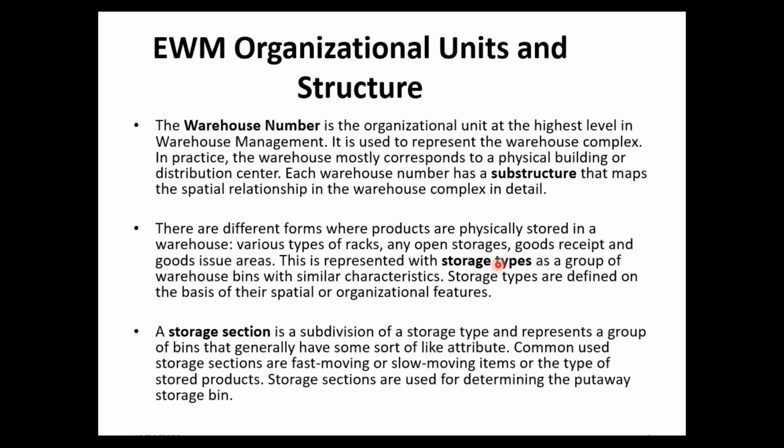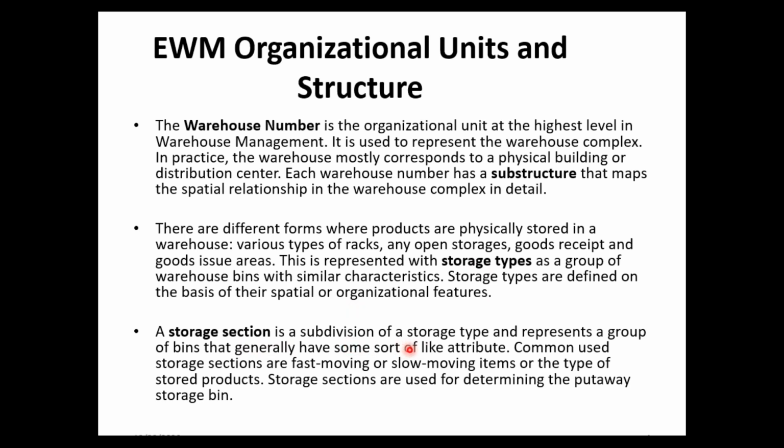So storage type is the subdivision of your warehouse number. From higher to lower level, you subdivide into storage types. If there are multiple buildings, you use a storage type for each building. Then you create different sections within a storage type, meaning sections within a building. For example, you have a building which has 3 floors. So the building is a storage type and each floor is a storage section.